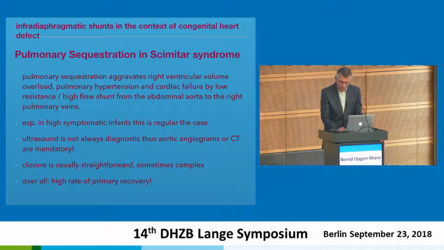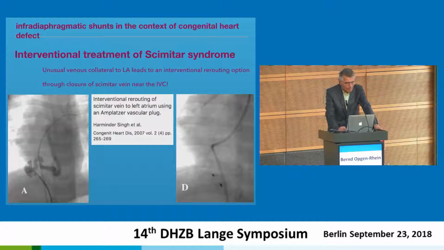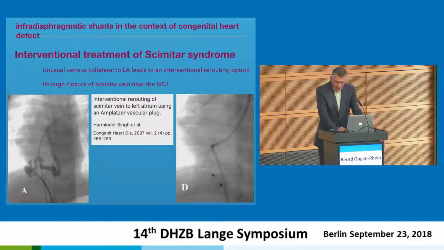One interesting report I found in the literature is this one, where an interventional complete treatment of the scimitar is possible, with closure of the opening of the scimitar vein to the vena cava inferior because of the existence of a collateral to the left atrium. This is a dream for an interventionalist, but I think it's only very rarely the case.